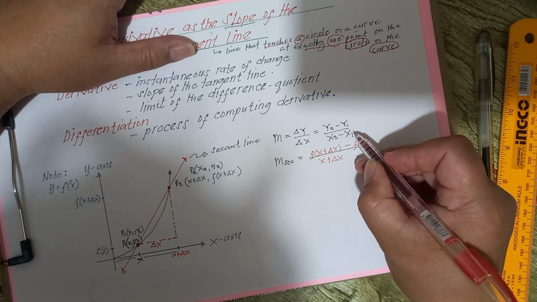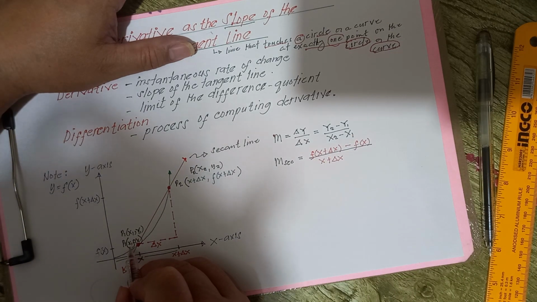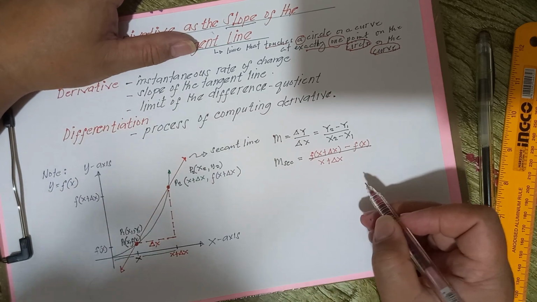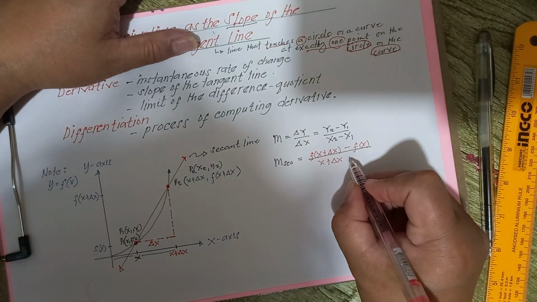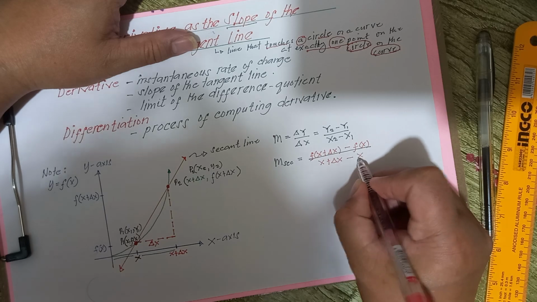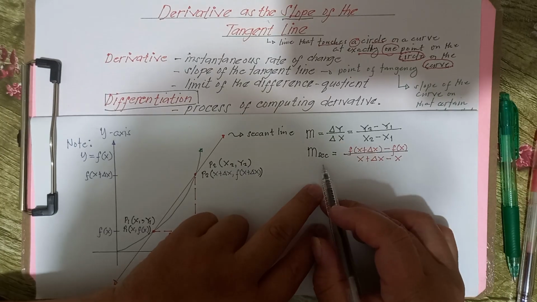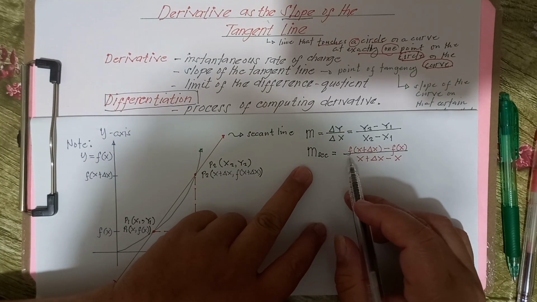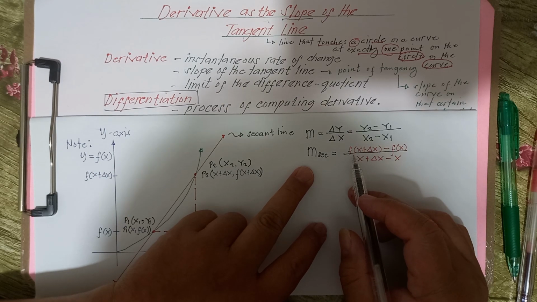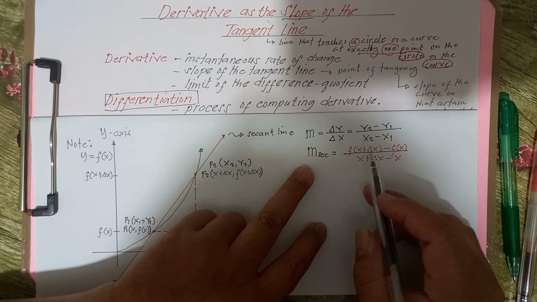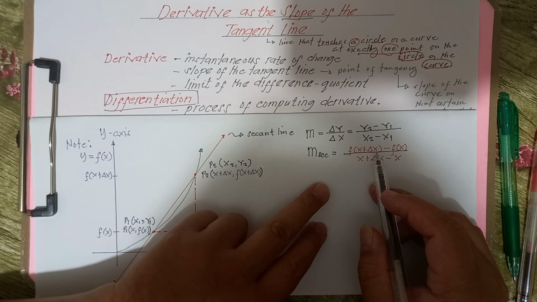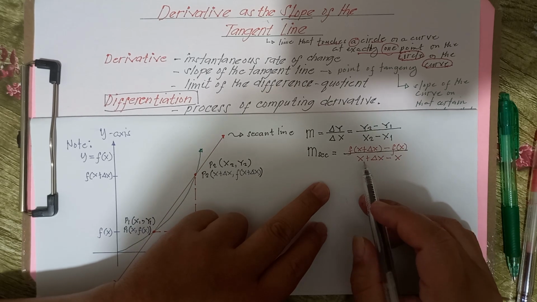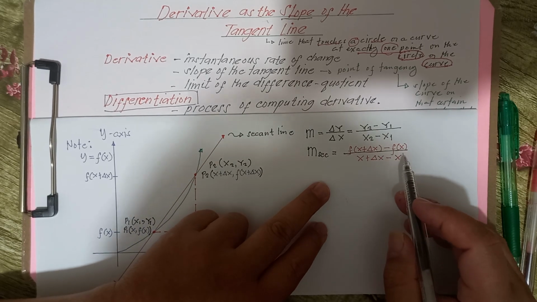Our x sub 1 in here is the same as just x. So the slope of the second line is the quotient of f of x plus change of x minus f of x over x plus change of x minus x.